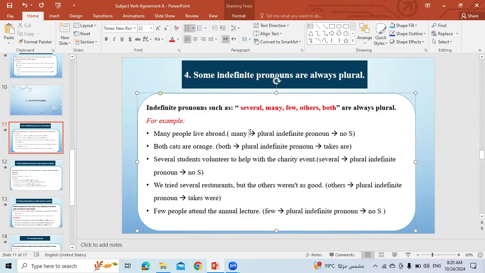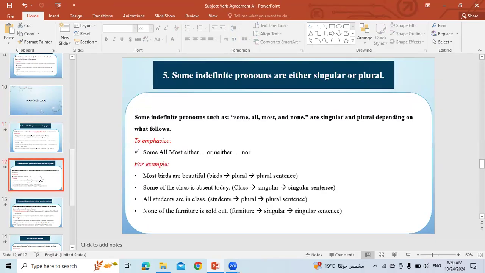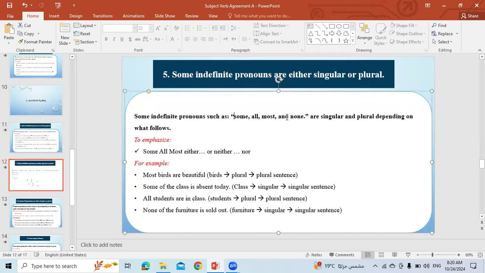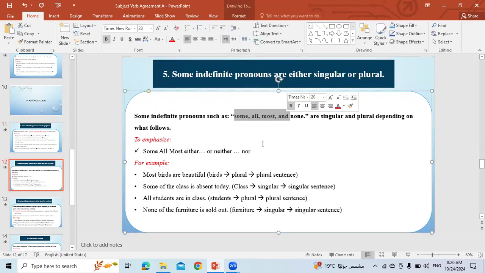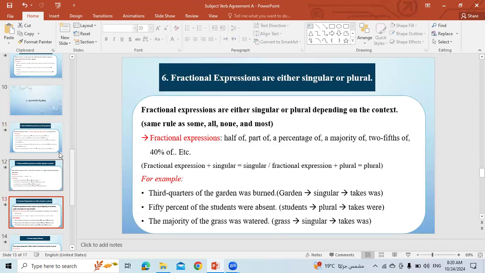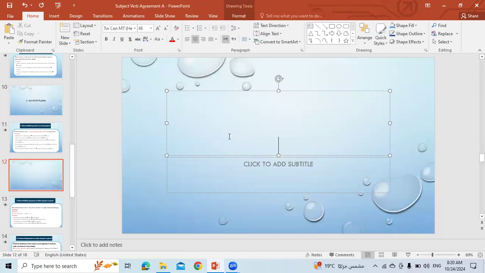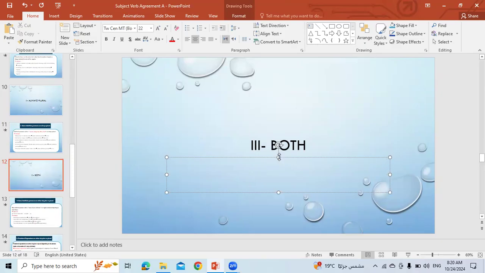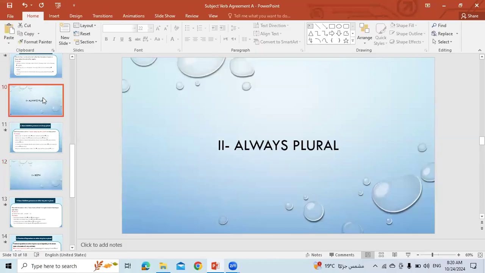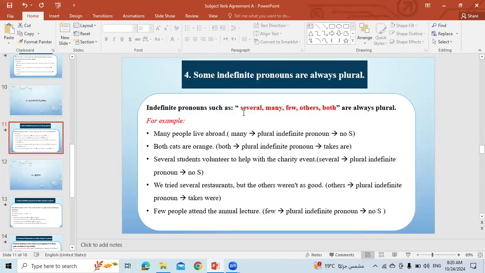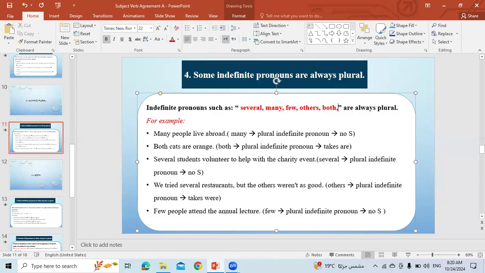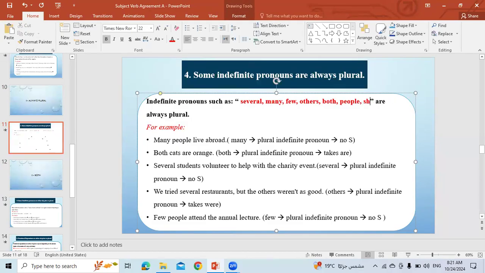Also, guys, let me add here both. Okay. So, when we talk about the plural, we have a list of words like several, many, few, others, both, people, sheep.